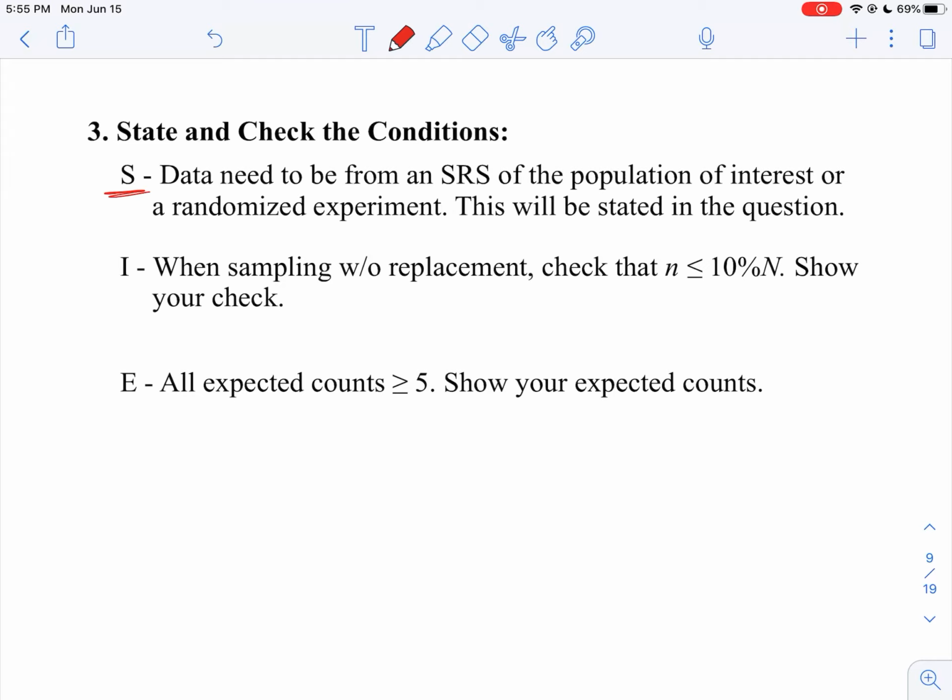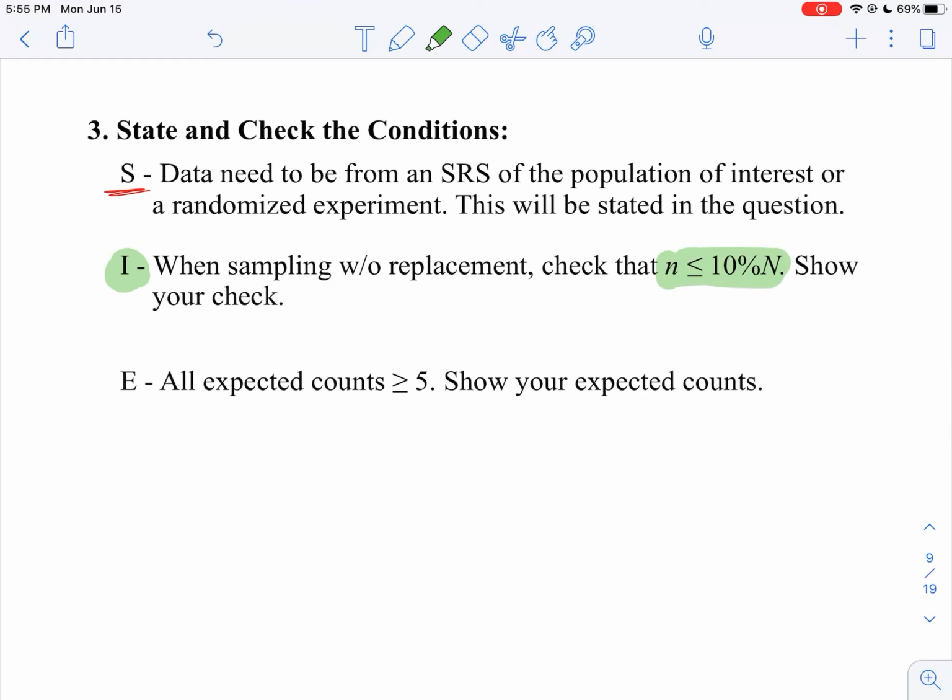The I is still exactly the same. When you sample without replacement, you have to check that n is less than or equal to 10% of capital N, the population size. And you obviously have to show that check. I'm going to simplify this from in the past. We said when sampling without replacement, the observations need to be considered independent.